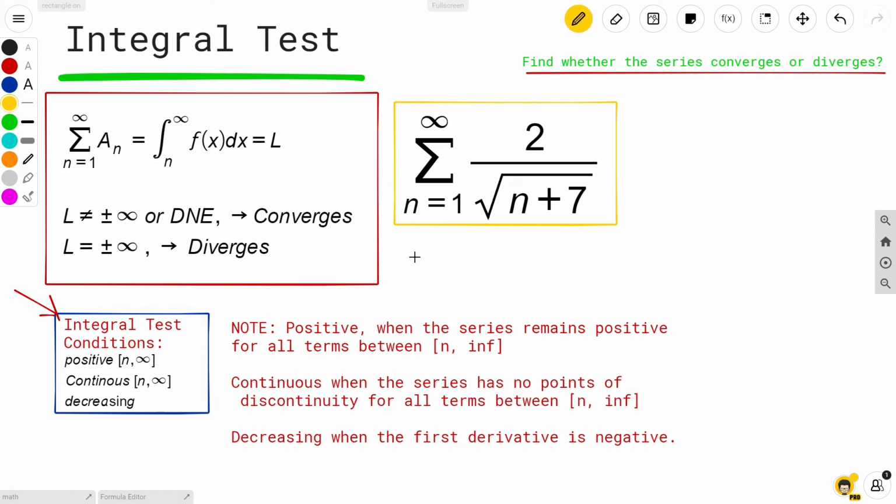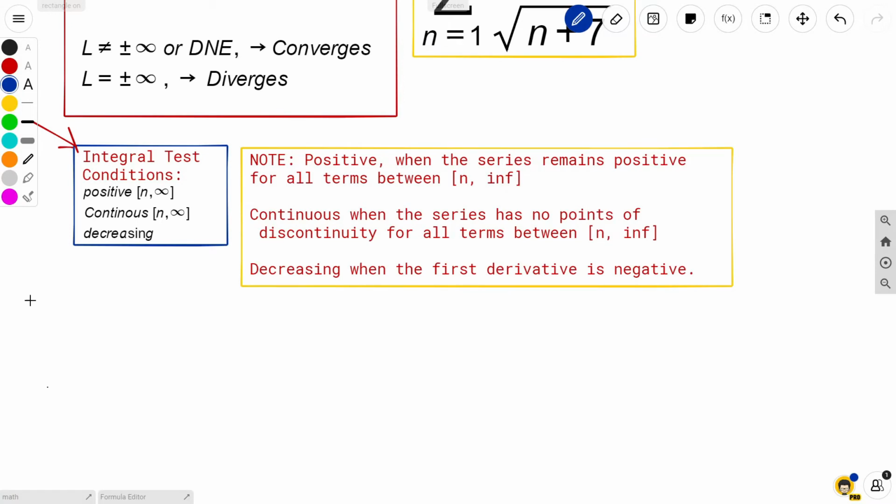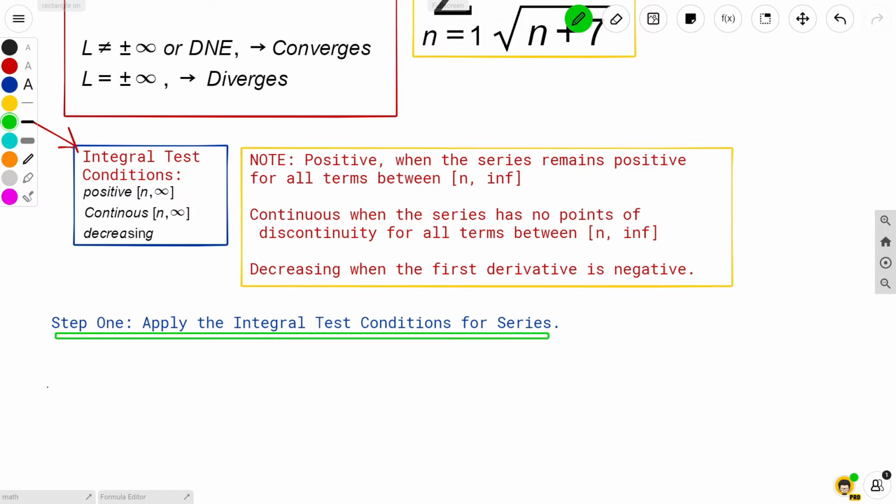Now, step 1: apply the integral test conditions for the series. For other series tests we normally apply the conditions last, but for the integral test we do it first to see if we can take the integral or not.